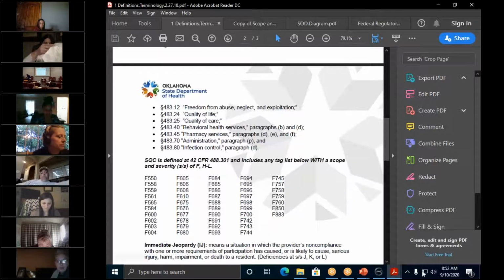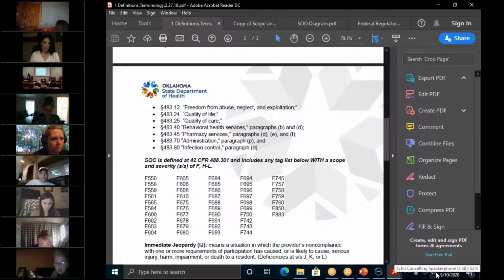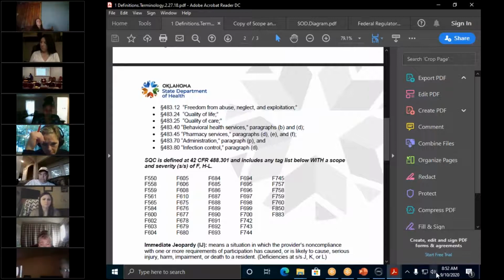But it's all these tags right here. Substandard quality of care is defined in the CFR, and it includes all the tags on the second page. If you're listening and can't see what I'm pointing to, it starts with F550 and it ends with F883, and there's a big group of them.